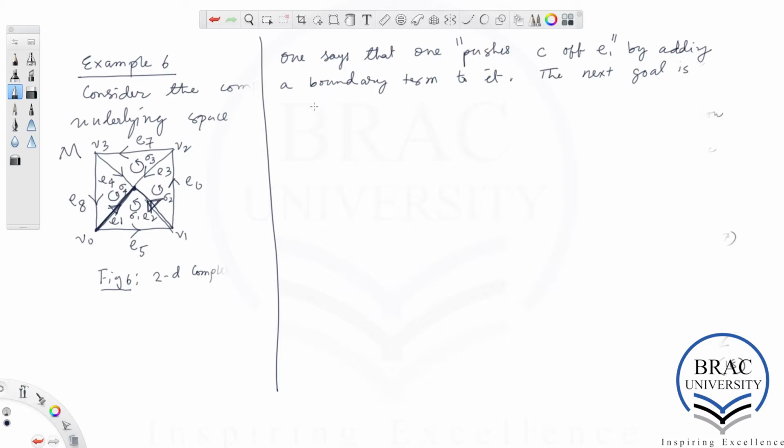Next goal is to push C1 off the edge E2. Okay, let B be the value of C1 on this edge E2, that is, so let us write C1 is equal to B times C2.